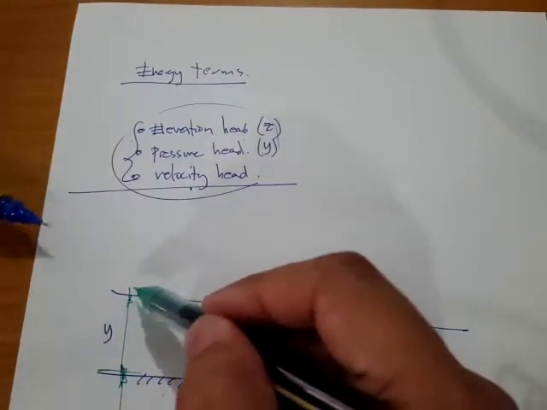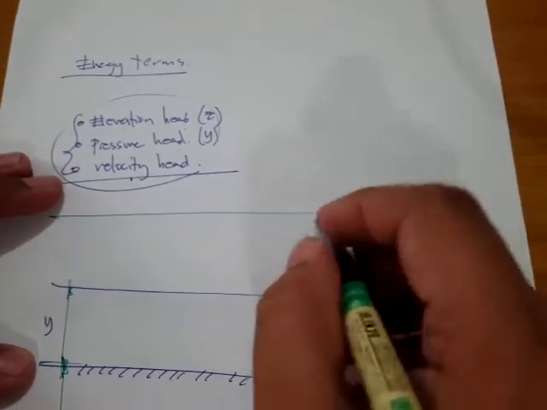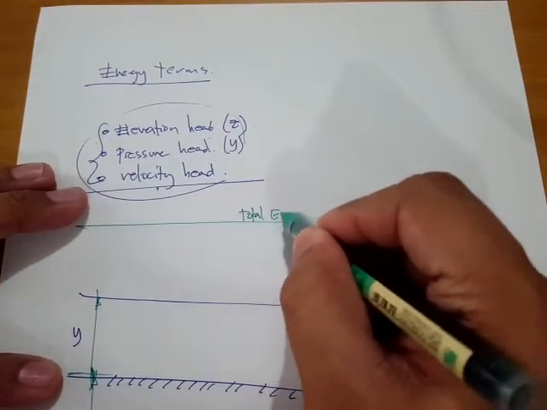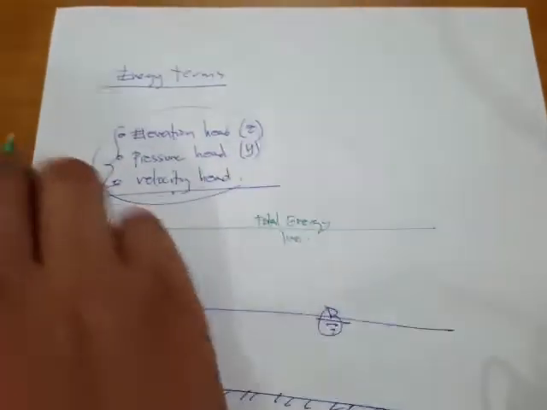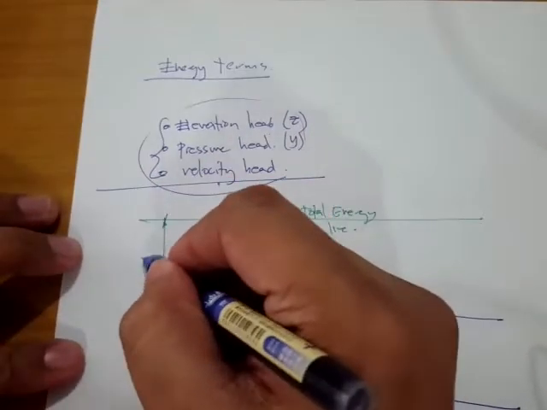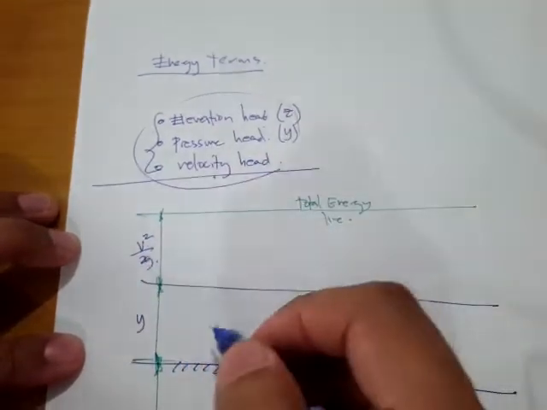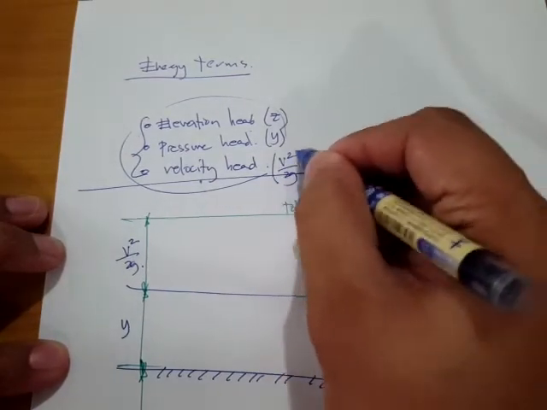From this top portion to some arbitrary reference line, or let's say our total energy line, that's going to be our velocity head. So velocity head is v squared all over 2g.